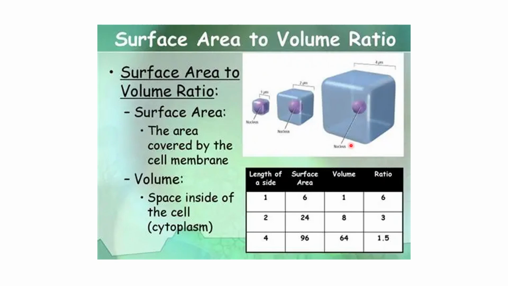You can think of the surface area as the cell membrane surrounding the cell, and the volume is the space, or the cytoplasm, inside the cell.